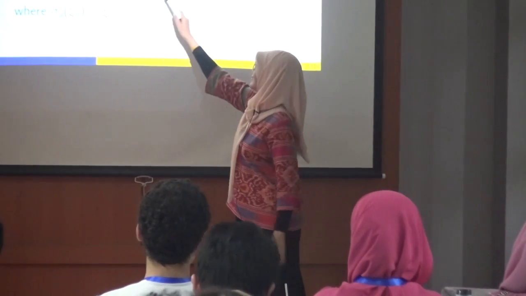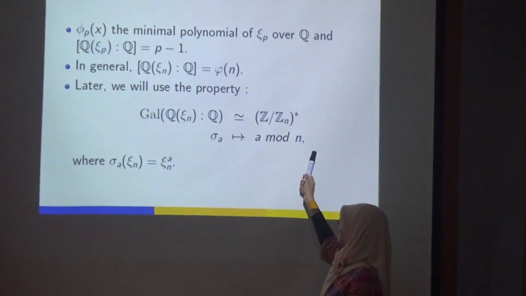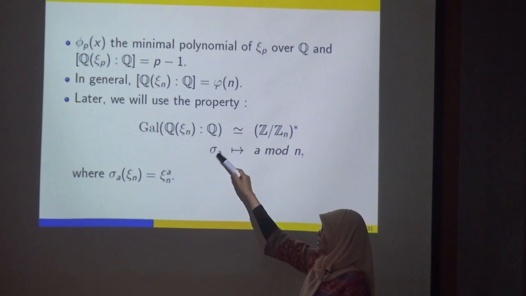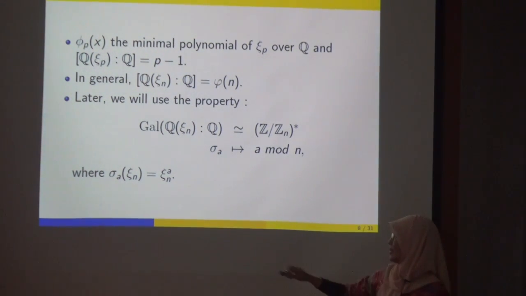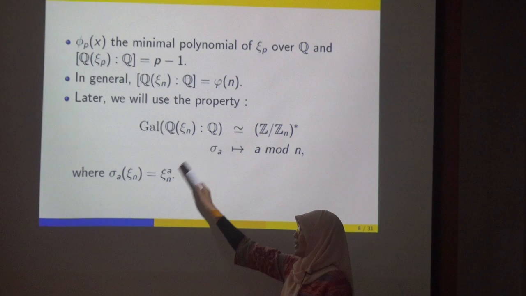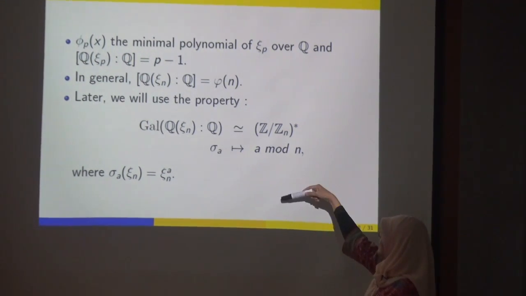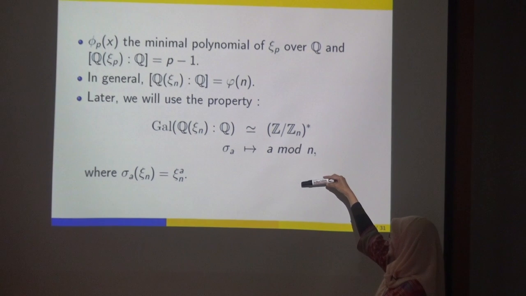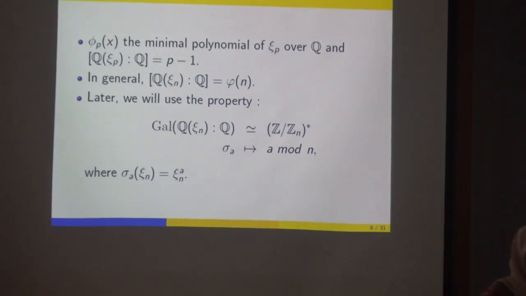This is the set of automorphisms. Sigma_a, for example, sends a to a mod n, where this is a homomorphism with this definition: we send zeta_n to zeta_n^a, where a is a positive integer.